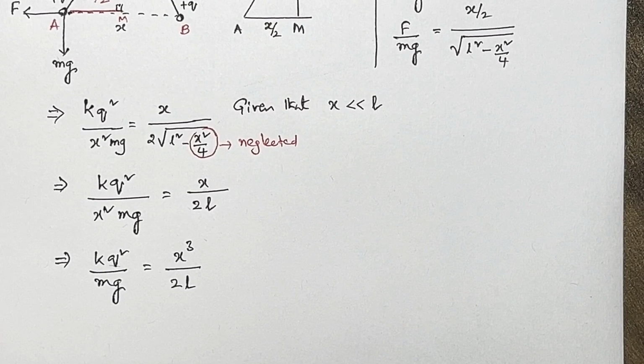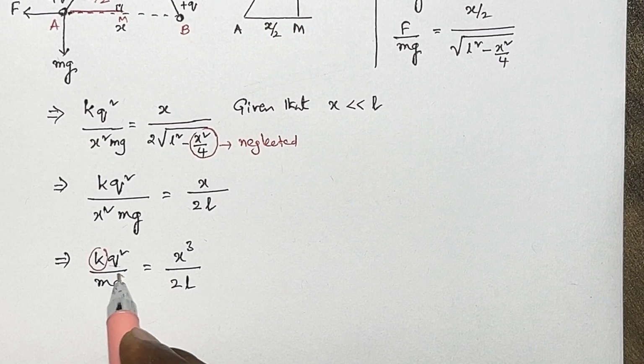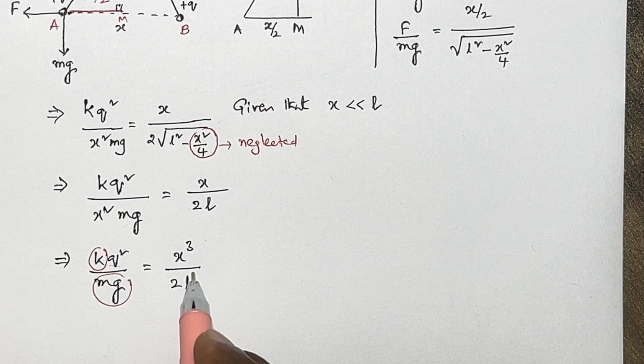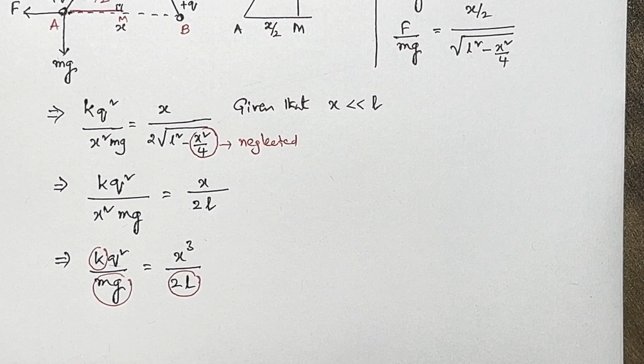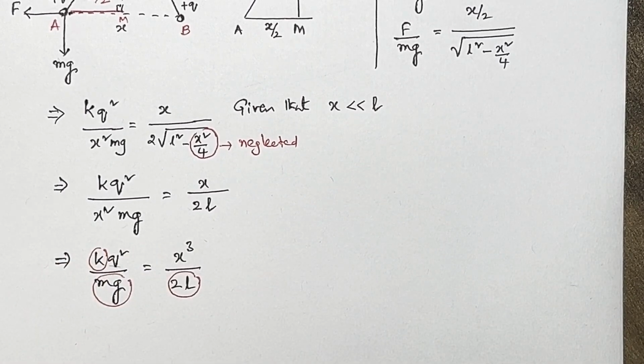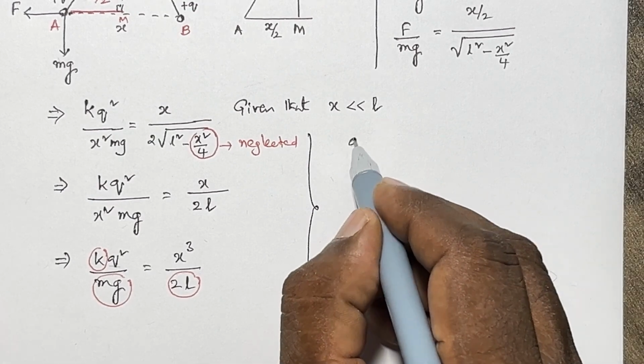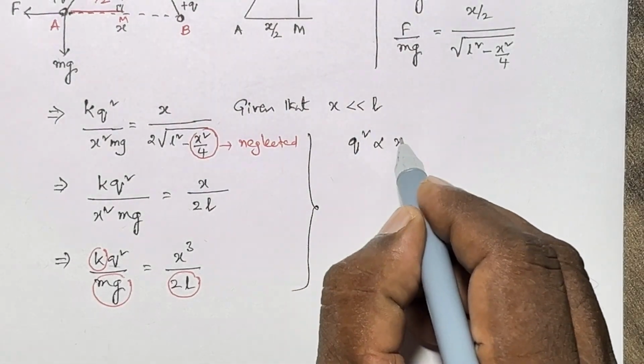Now what are the constants here? K is a constant, weight is also a constant, and 2L, because the length of the string never changes, it is not elongated. So I have removed all the constants. So what I got here is q square proportional to x cube.